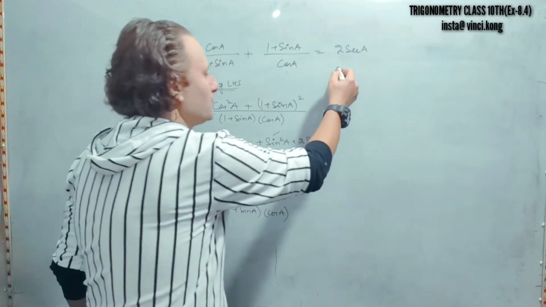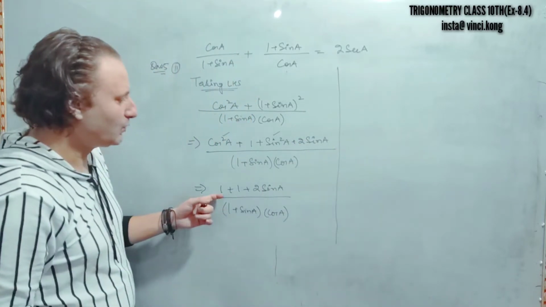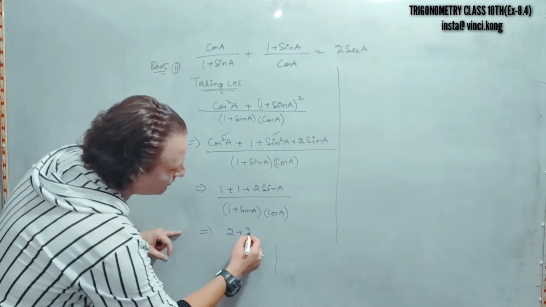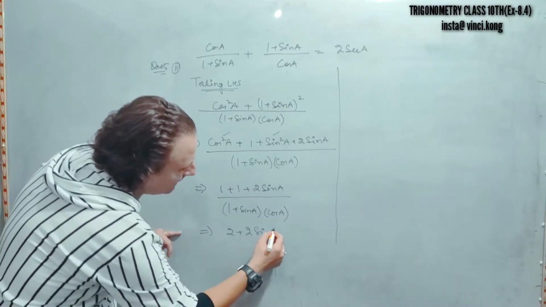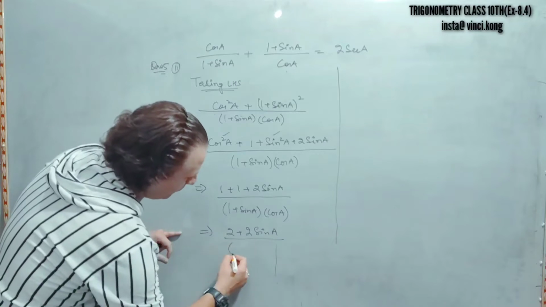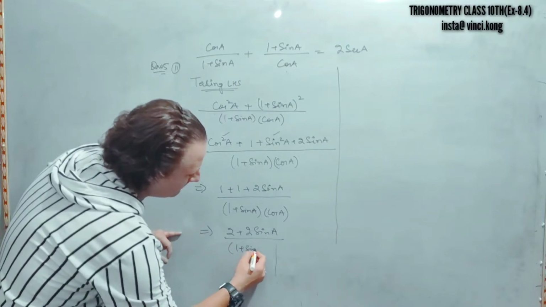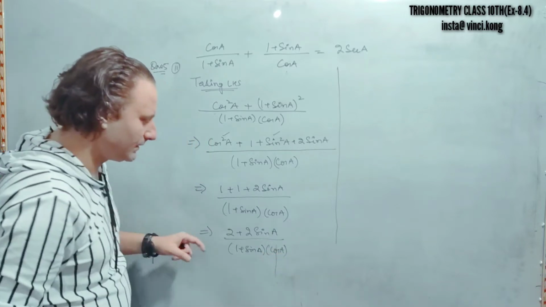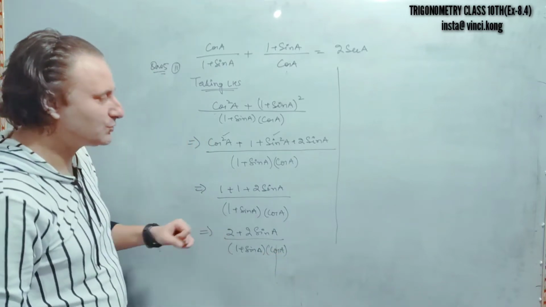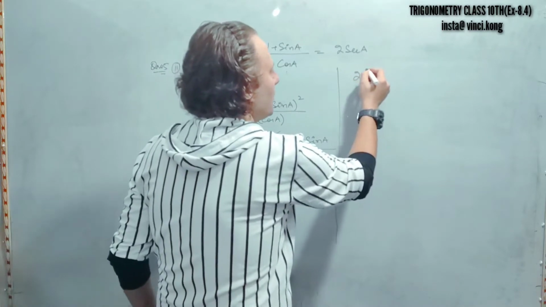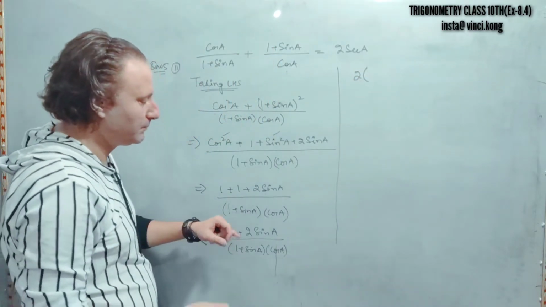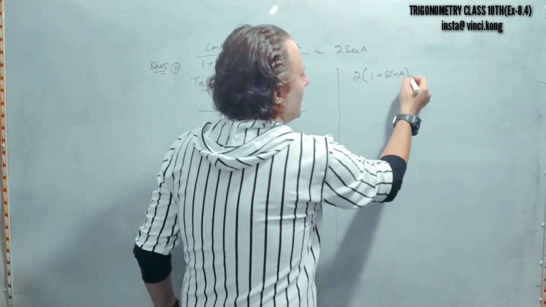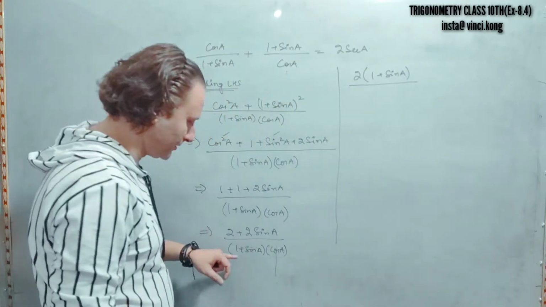Right? Let me move to this side. Now this is 1 plus 1. Let me write one more step here. This is 2 plus 2 sin A, then 1 plus sin A, and then we have cos A. If I look here carefully, I can take 2 common here. So let me take 2 out. What do I have? I have 1 plus sin A, and in the denominator, what do I have?